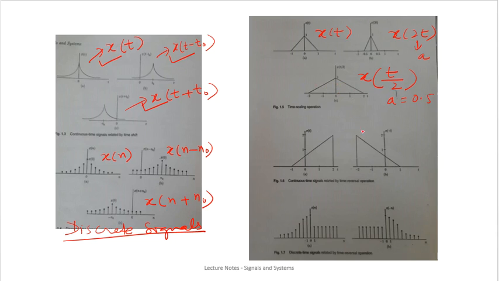And the last operation is being shown here. If this is x(t) and this is x of minus t, you can very easily see that the signal on the right hand side is just the mirror image of the left hand side signal.